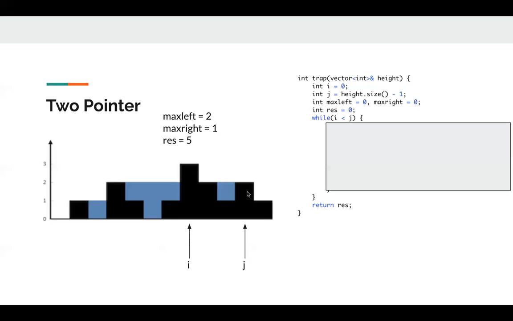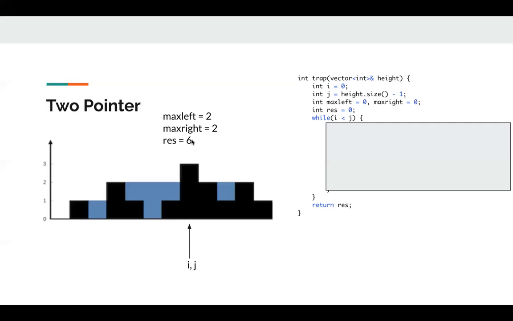Now height j is smaller, so we move j and update max right to 2. At this point, height j is also smaller, so we move j and update result to 6. Again height j is smaller, so we move j. Now the while loop will break, and the final answer is 6.